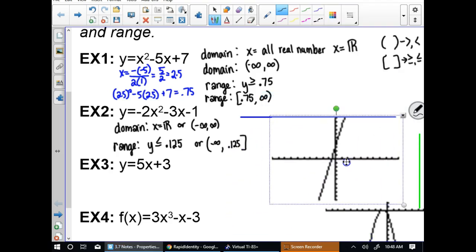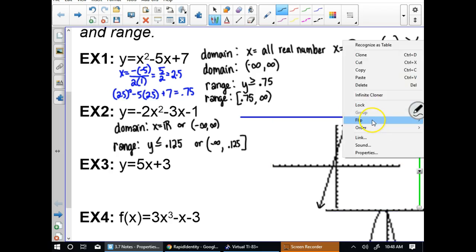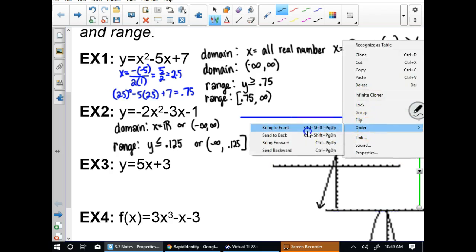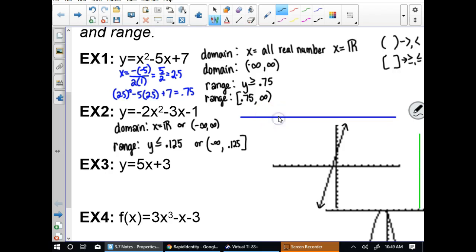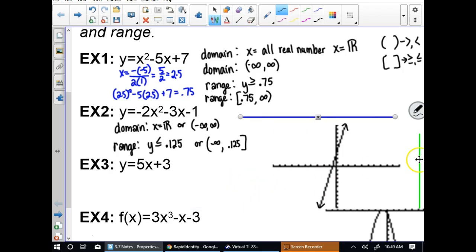So let's think about this one. Remember that you have arrows on either end. So, in this case, if I think about my x values, does this vertical line touch the graph everywhere?